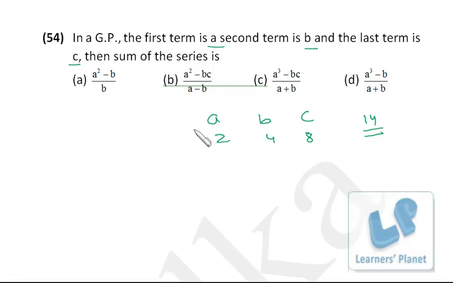So a square minus b, so 2 square minus 4, that's 0, we cannot get that. A square minus bc, that will be 4 minus 8 fours are 32 upon a minus b, 2, so that is minus 28 by minus 2, so we will be getting 14 here.